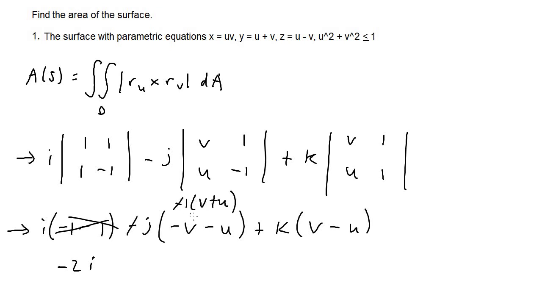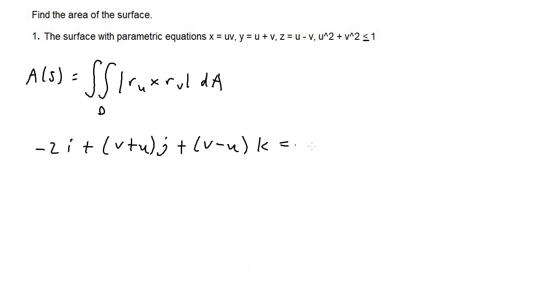Realize that negatives will cancel, so if I rewrite it, we have v plus u times j, and then plus v minus u times k. So if I rewrite it in component form, we have -2 comma v plus u comma v minus u. So now we need to go ahead and find the magnitude of the cross product.